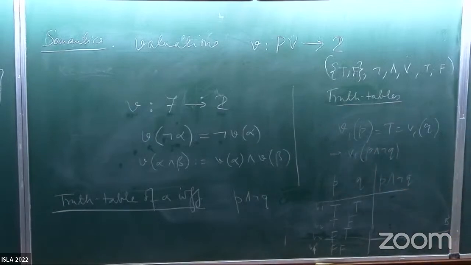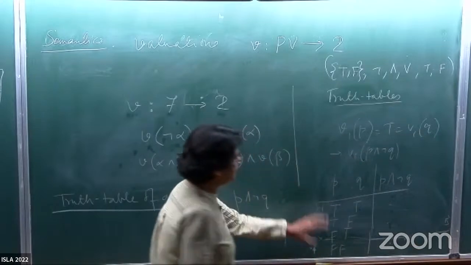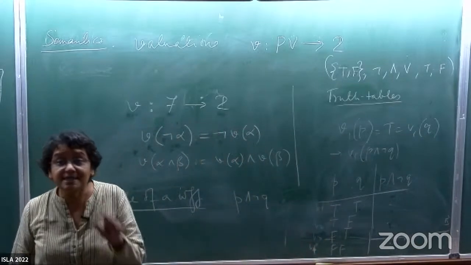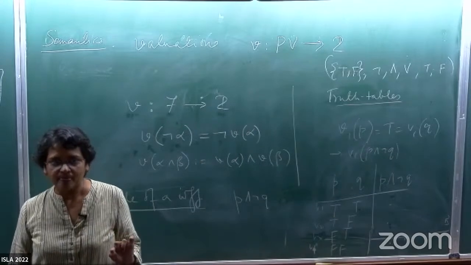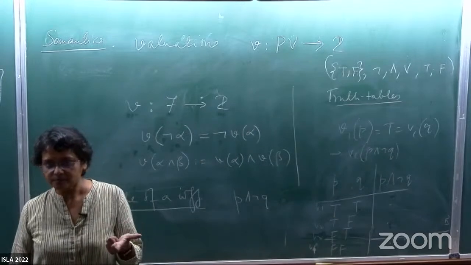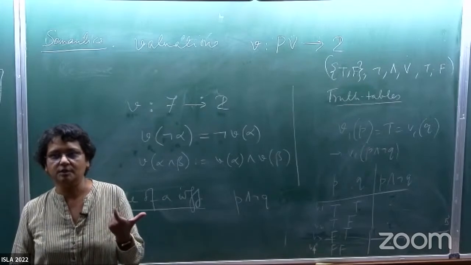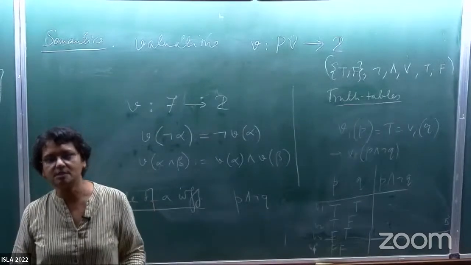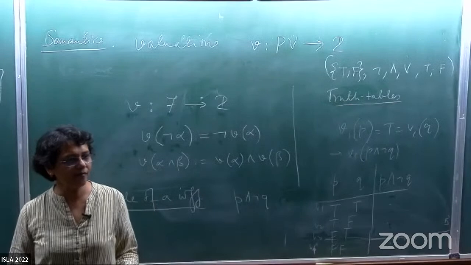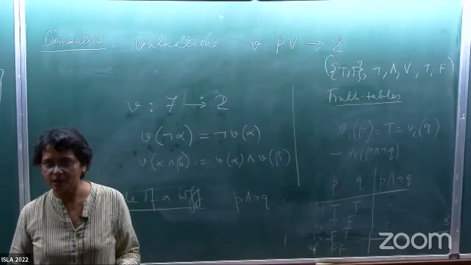That's the question, right? So you will just plug the values in. So essentially, a truth table is nothing but giving us the distinct possible valuations that we can have. So if you have n propositional variables, the truth table of a formula containing n propositional variables, how many distinct rows in the truth table would you have? 2 to the power n, right?